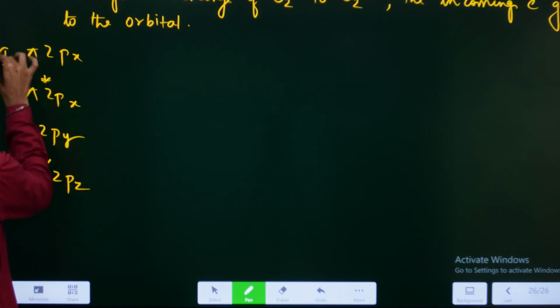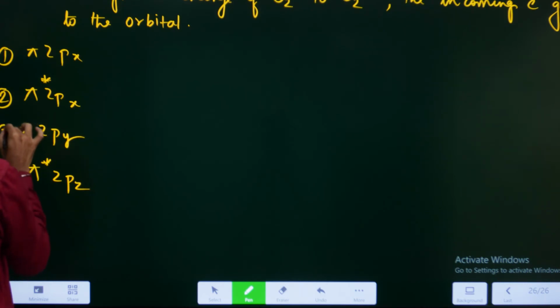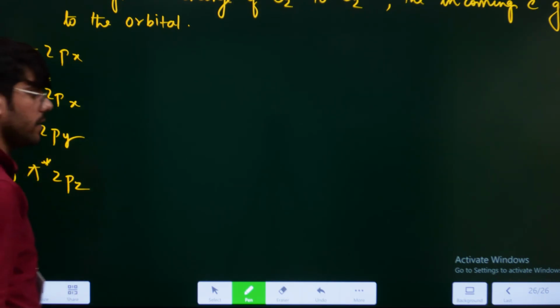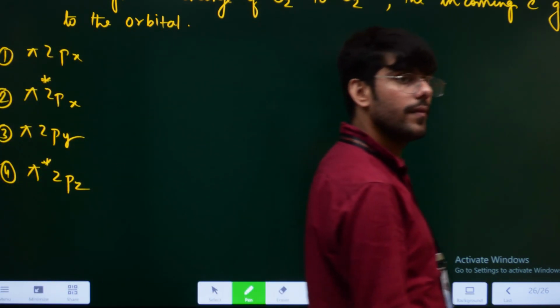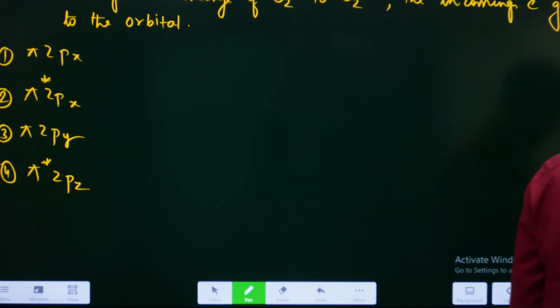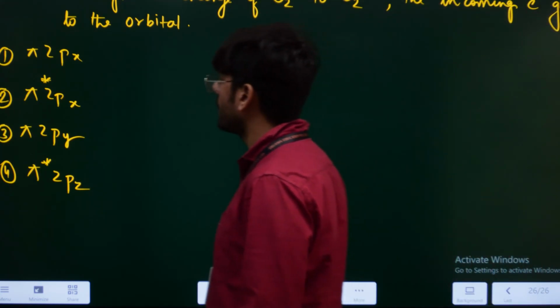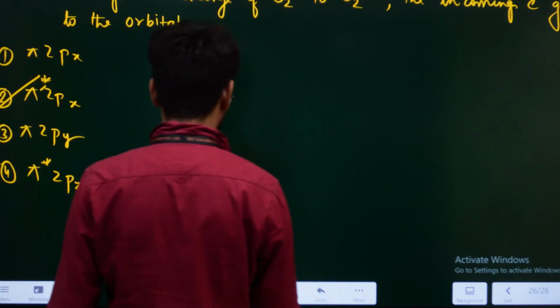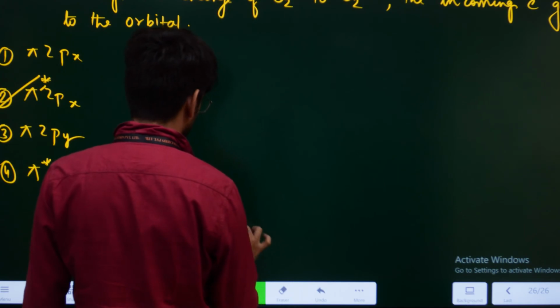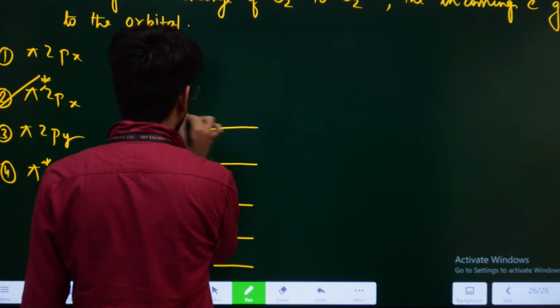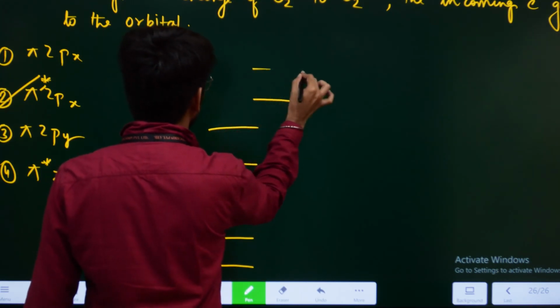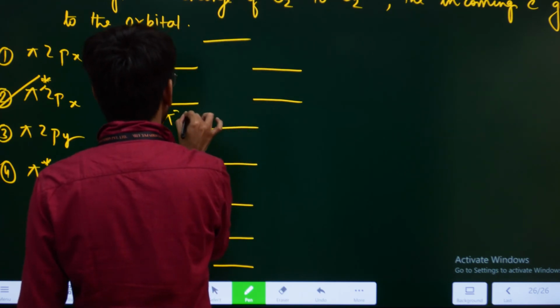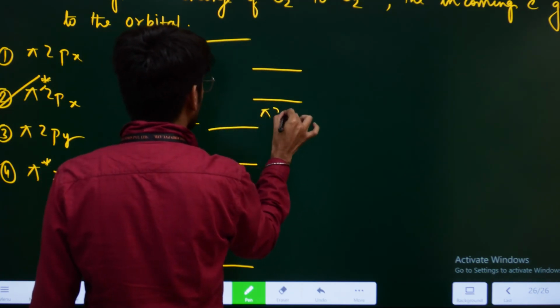Tell me. So pi star 2p x. Okay, let us see. 1, 2, 3, 4, 5. This is the diagram. This is my pi 2p x, pi 2p y.